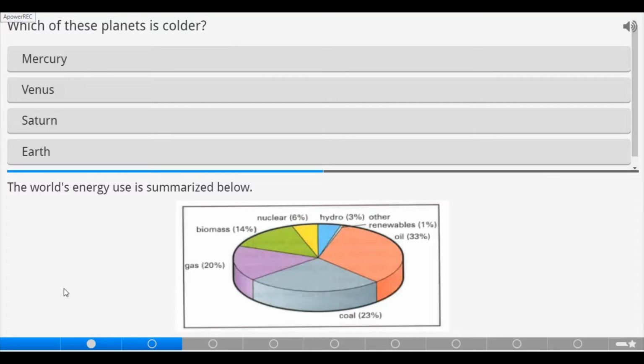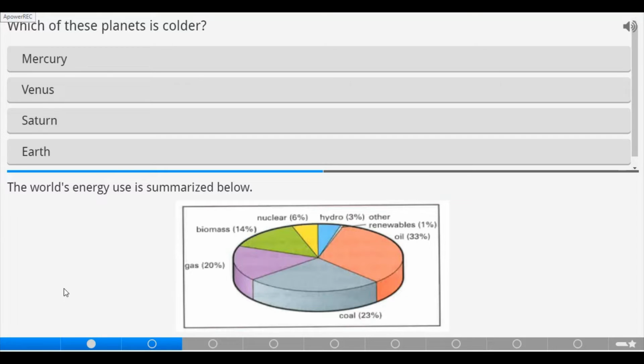Which of these planets is colder? Mercury, Venus, Saturn, Earth. Earth has an average temperature of 15 degrees centigrade. The farther away a planet is from the sun, the colder the temperature. Saturn is farther away from the Earth, so it's much farther away from the sun.